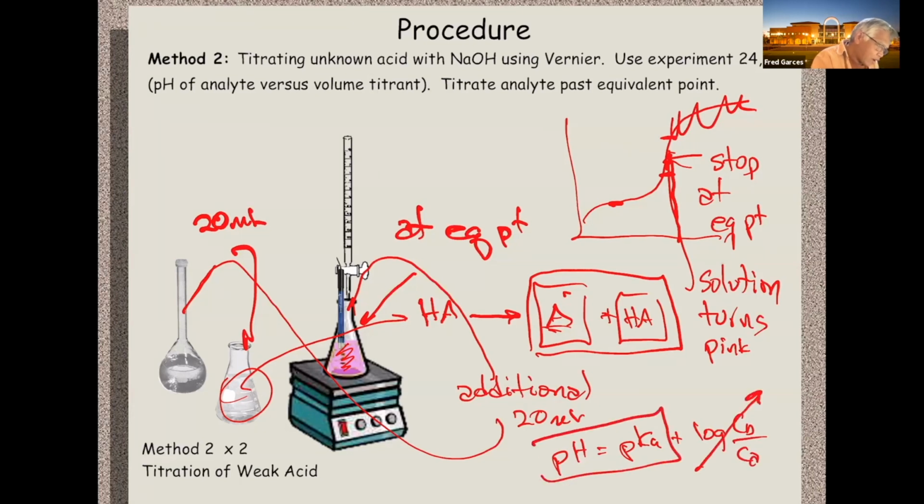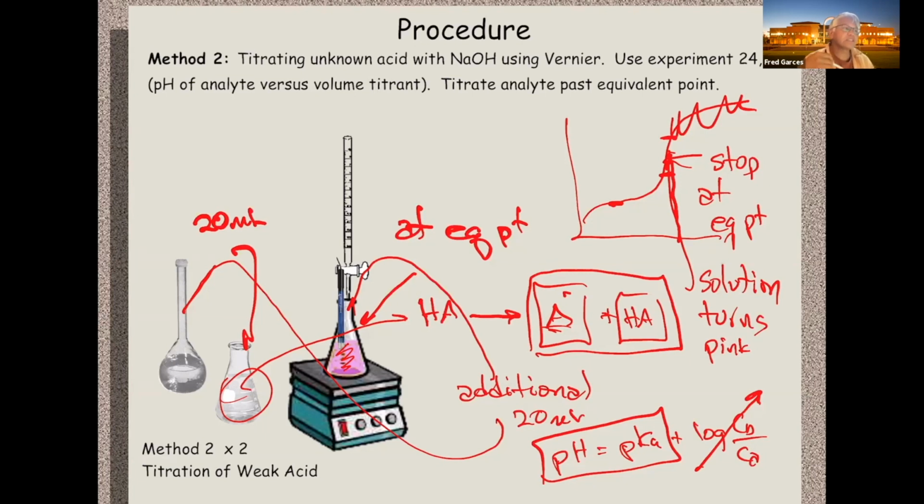So at that point, when you add 20 mils to that Erlenmeyer flask that was at equivalence point that turned pink, it's going to turn clear on you, okay? Because now it's not at the equivalence point anymore, but you got 50% acid and 50% conjugate. You measure the pH at that point, that's the pKa of the solution, okay?